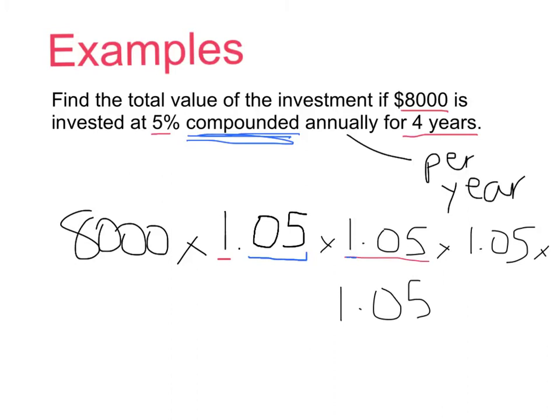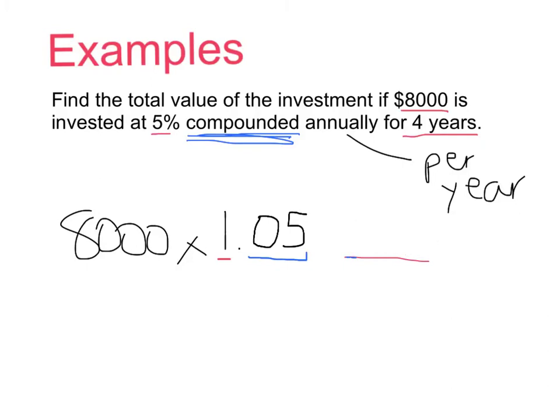There's actually a cleaner way I can write that. I'm happy for you guys to write it the long way if that's what you're comfortable with. But also, another way of writing it is 8,000 times 1.05 to the power of 4, because there are 4 years.